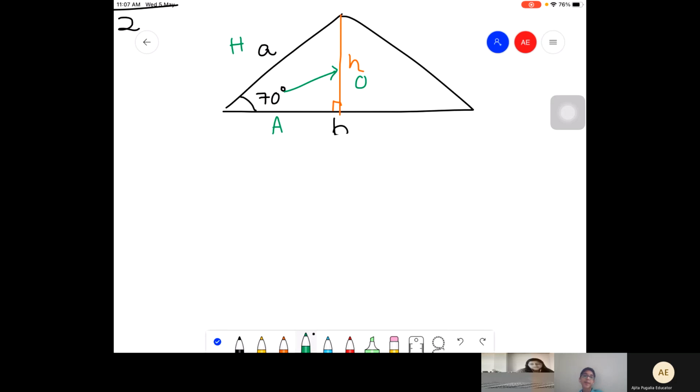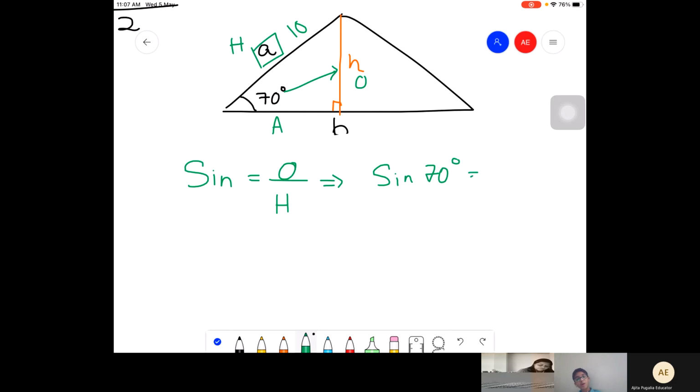So I can use the sine rule, which says opposite side by hypotenuse, because I'm given the value of the hypotenuse. Let's say it is 10. So I can say that sine 70 degree will have the value of opposite side, which is small h for me, the height, upon 10.